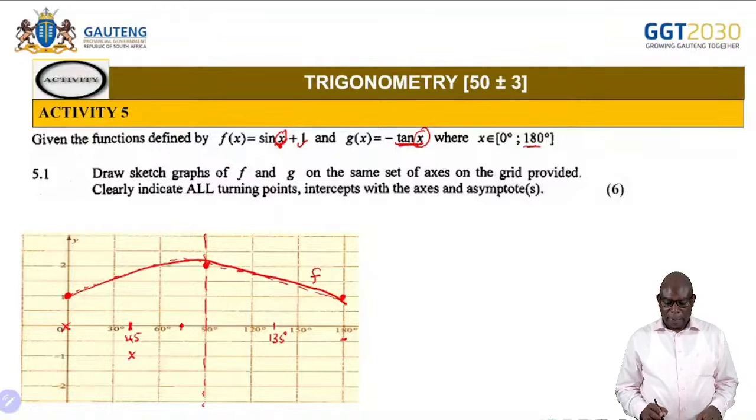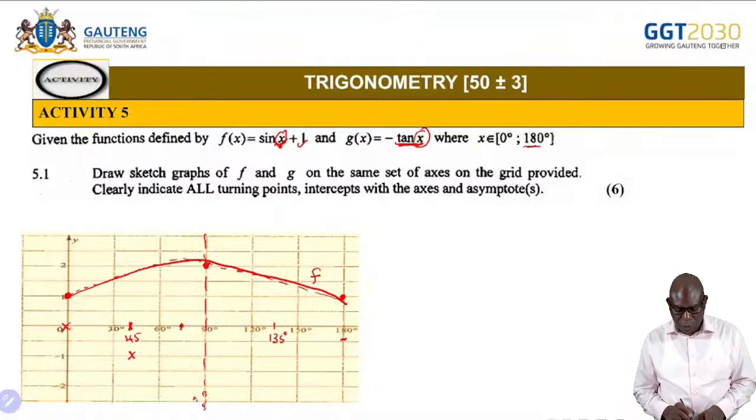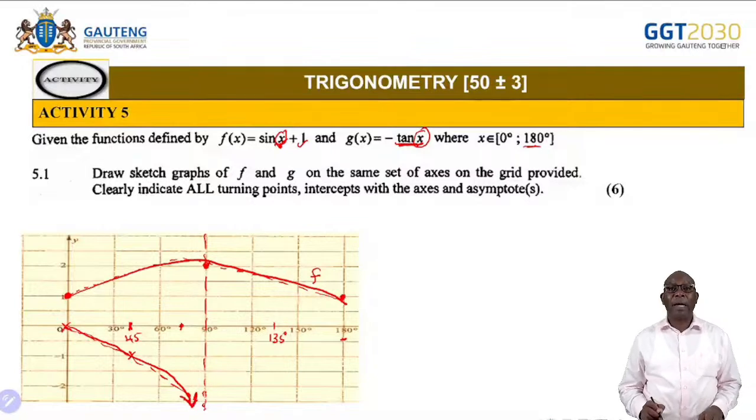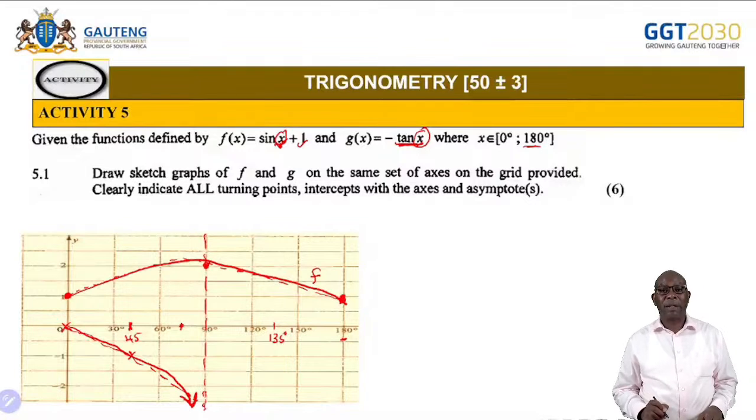Okay. Tan of 90 is undefined. So here that line will come closer to this. So I'm going to draw my sketch. So I'm going to go this way, and I'm going to go that. So I'm going to have that. Remember, my tan graph will always have an arrow, but this graph, it stops there. It doesn't have an arrow.